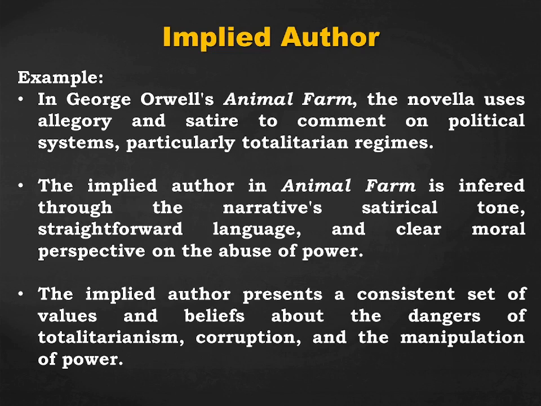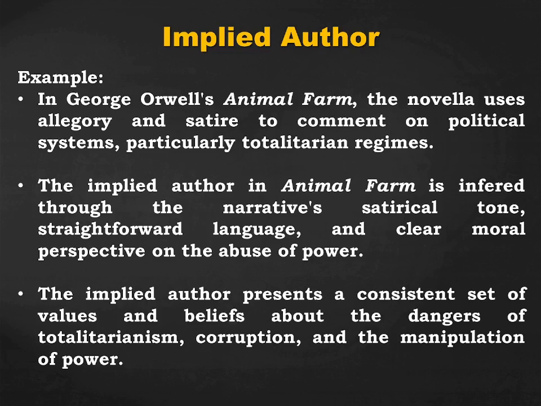All of you know the English novelist, poet, essayist, and journalist George Orwell, who is popularly known for his two important novels. One is 1984, published in the year 1949, and the second one, Animal Farm, published in the year 1945.